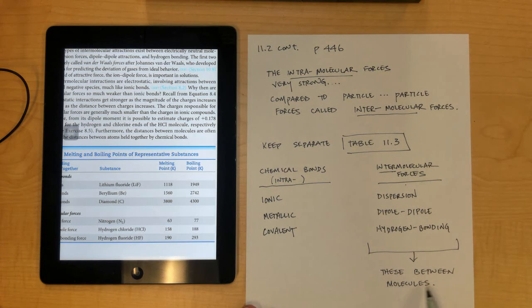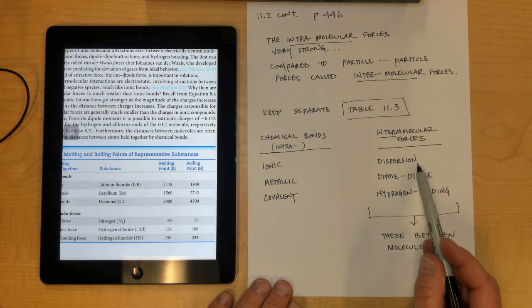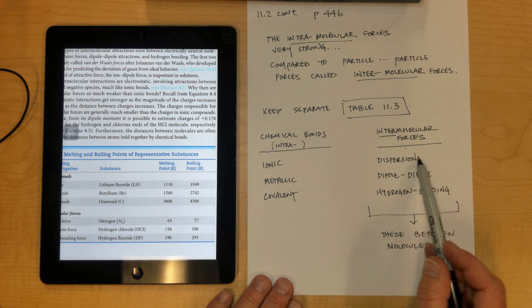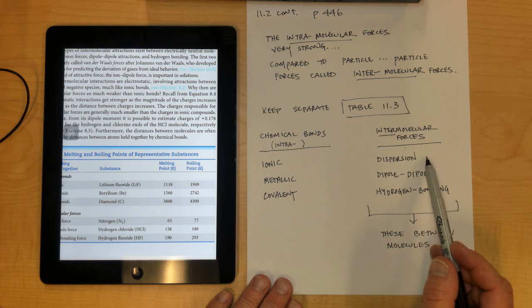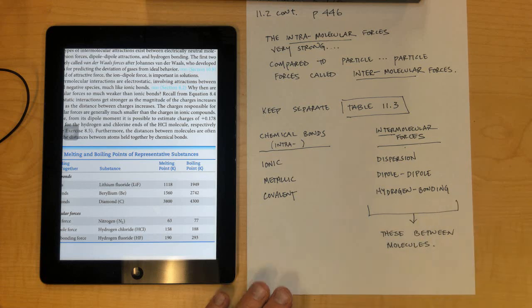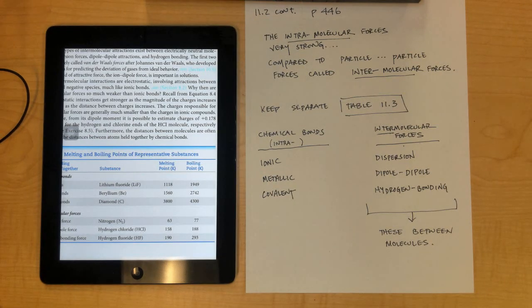Remember that these forces are between molecules, and in our next video we'll zoom in on these three types and look deeply at what causes these to hold together and what makes them be stronger or weaker based on melting and boiling points. Same thing with dipole-dipole and the special case of dipole-dipole called hydrogen bonding. So we'll focus on these types of forces now for the next couple of sections.